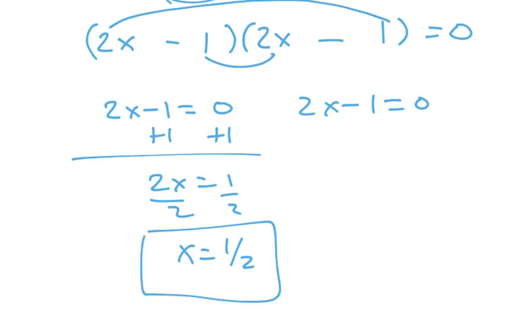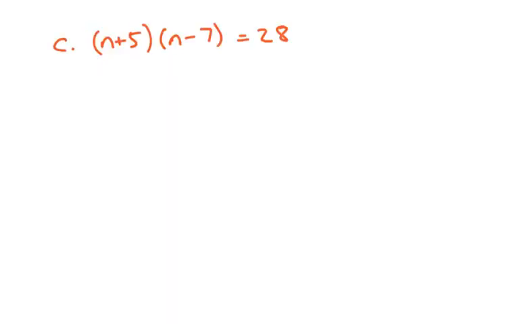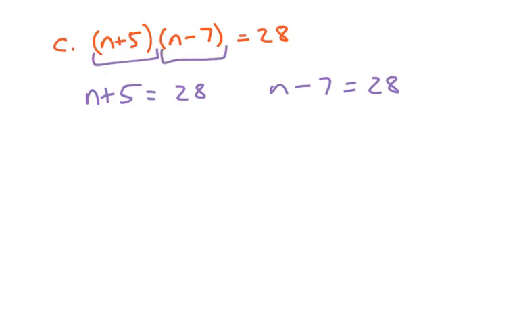Okay, let's try the next one. Now, what we have to make sure with the next one is do not immediately jump to n plus 5 equals 28 and n minus 7 equals 28. Because the zero factor property says anything times anything else, if it's equal to 0, then each part has to be 0, right?